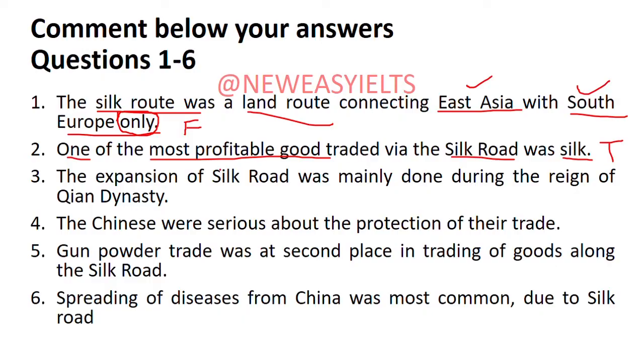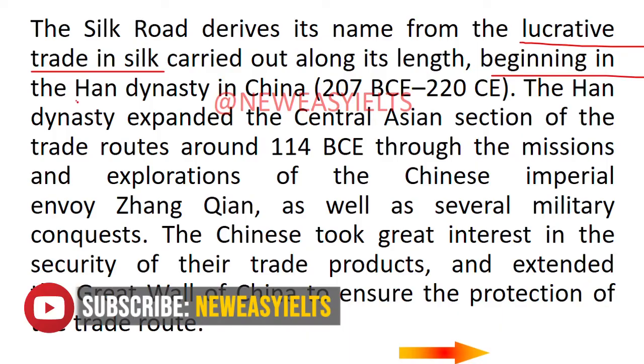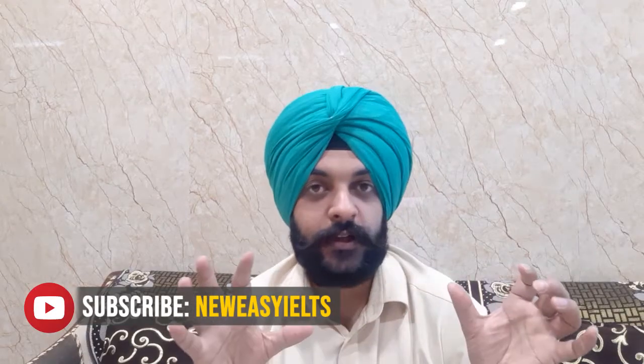Now moving on to the next question: the expansion of the Silk Road was mainly done during the reign of the Qin dynasty. We got the words expansion, Silk Road, mainly, reign, and Qin dynasty. So again, where we left off, we just have to read it out. Beginning in the Han Dynasty, the trade of silk started.